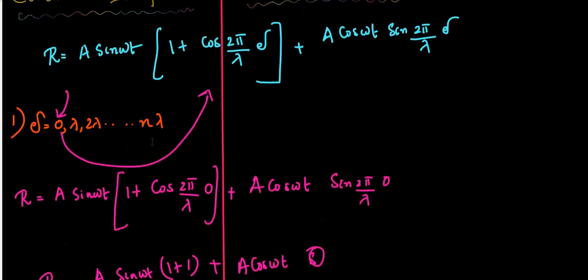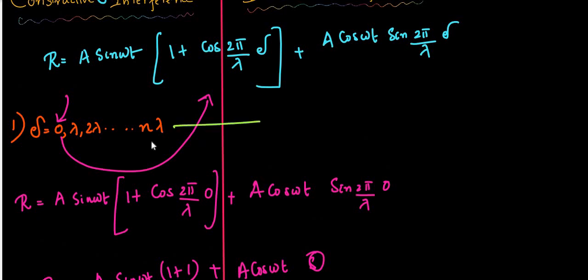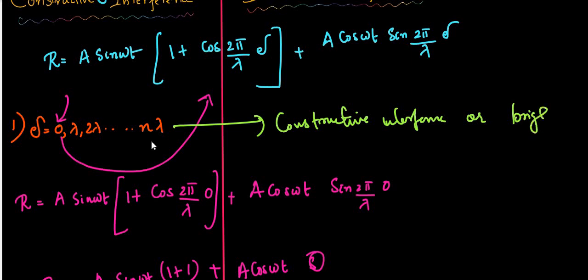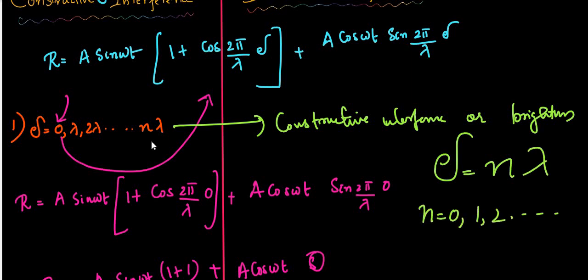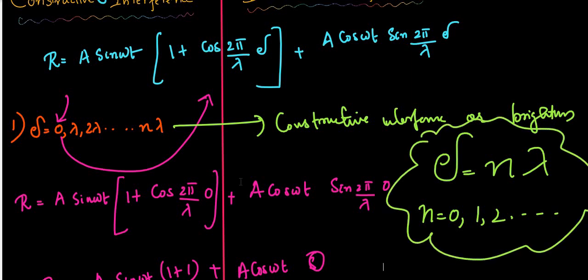This is the condition for constructive interference or brightness. So what is the condition for brightness? Delta is equal to n lambda, where n is 0, 1, 2, etc.